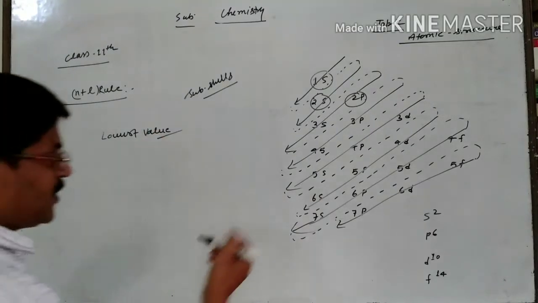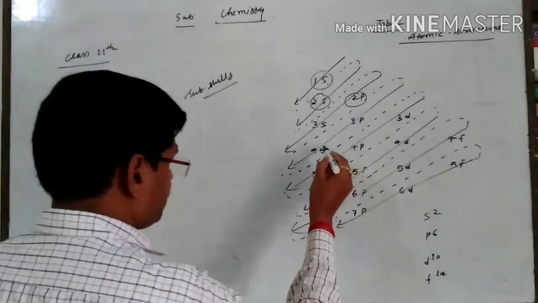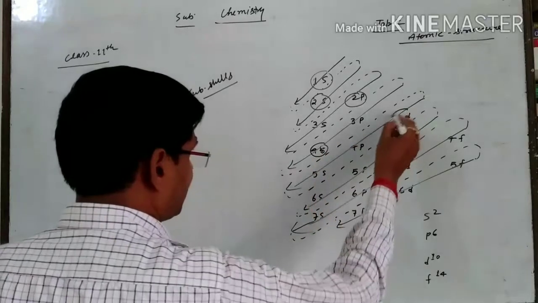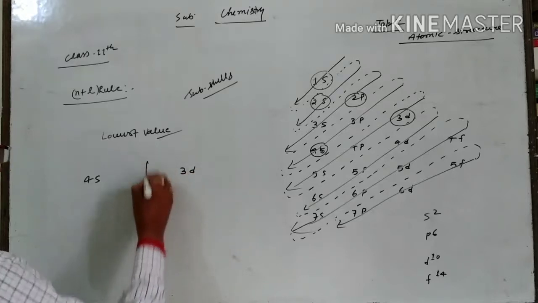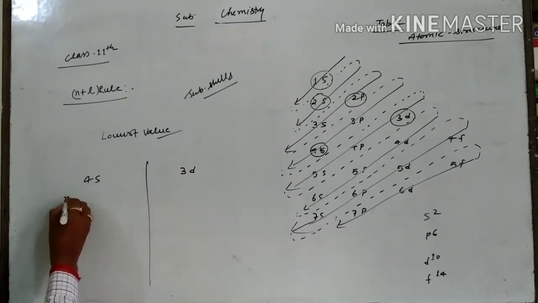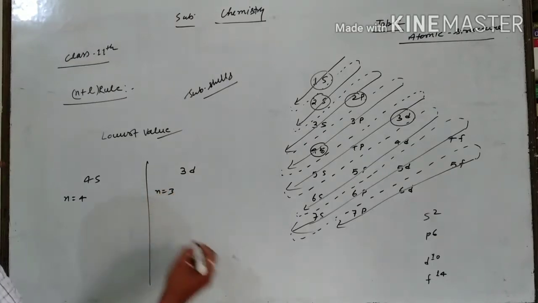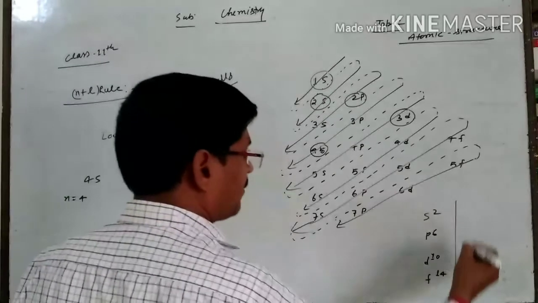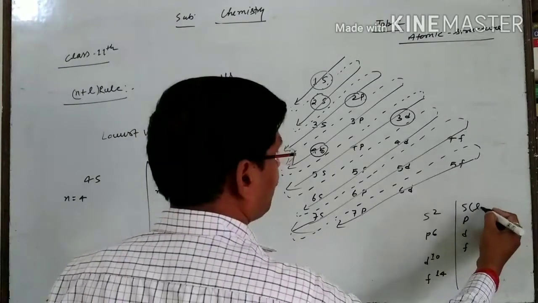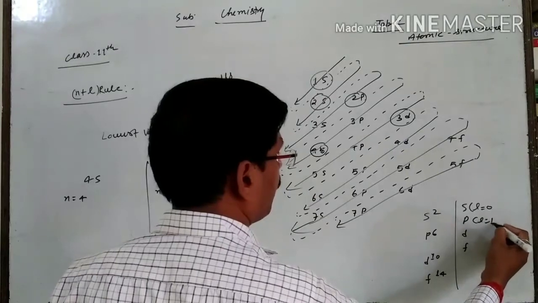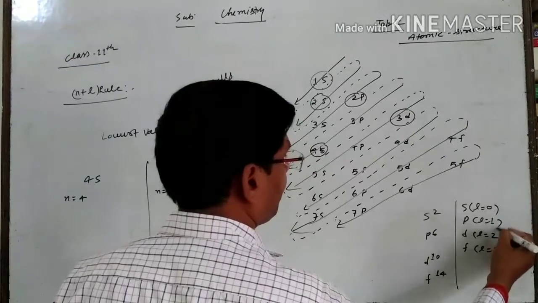How do I check? Suppose out of these I have taken 4s and 3d. I know n is equal to 4 for one and n is equal to 3 for the other. At the time of quantum numbers I wrote S, P, D and F, with values of L being 0, 1, 2 and 3.